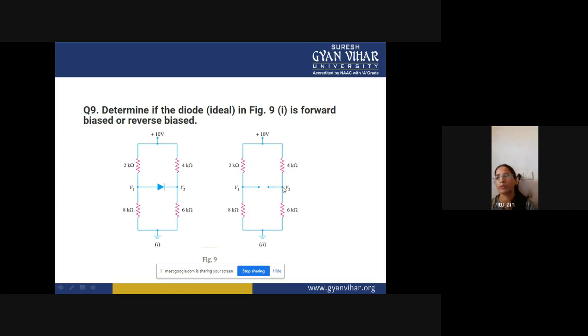Like this, for V2, it is 10 minus 10 into 6 upon 6 plus 4, so you can easily calculate the voltage drop across this terminal, which is your V2. By calculating V1 and V2, you can easily find out the voltage across this diode.